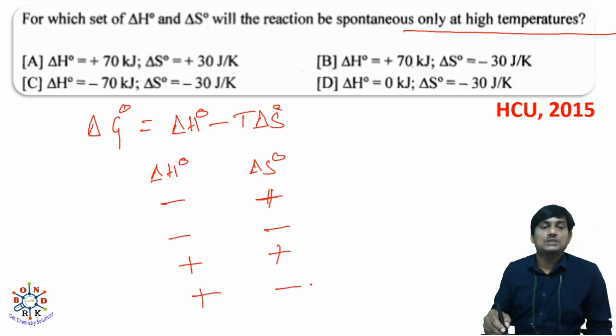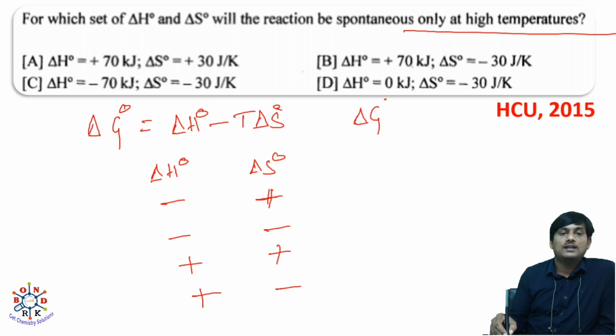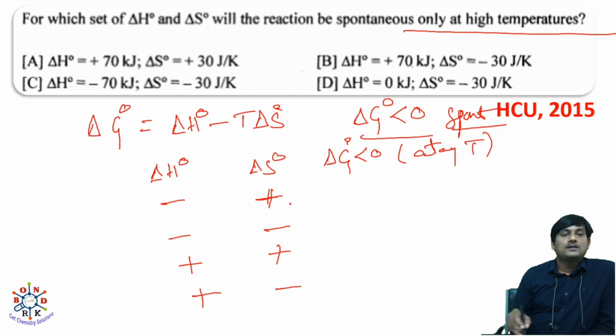These are the possible values. Suppose delta H naught is negative and delta S naught is positive. When delta G naught is less than 0, the reaction is spontaneous. This is the condition for spontaneity. Always delta G naught less than 0 at any temperature, at any T, for this condition.